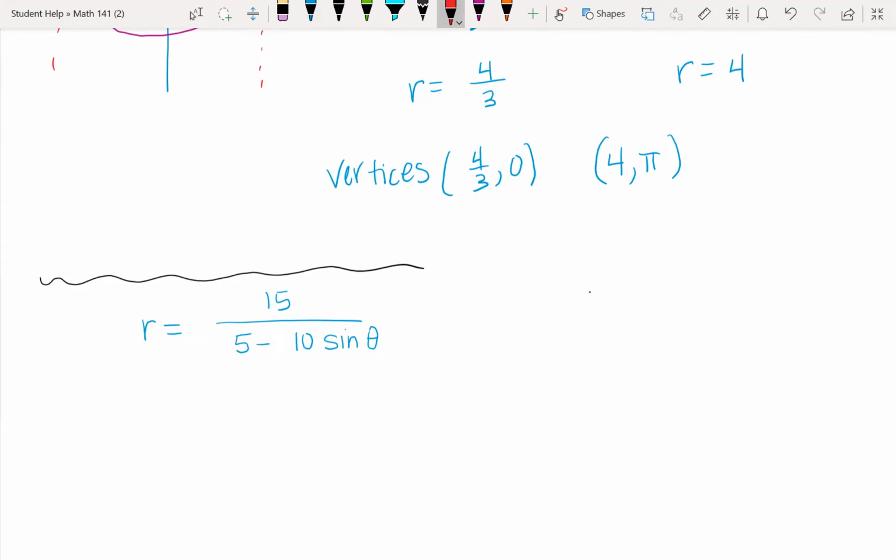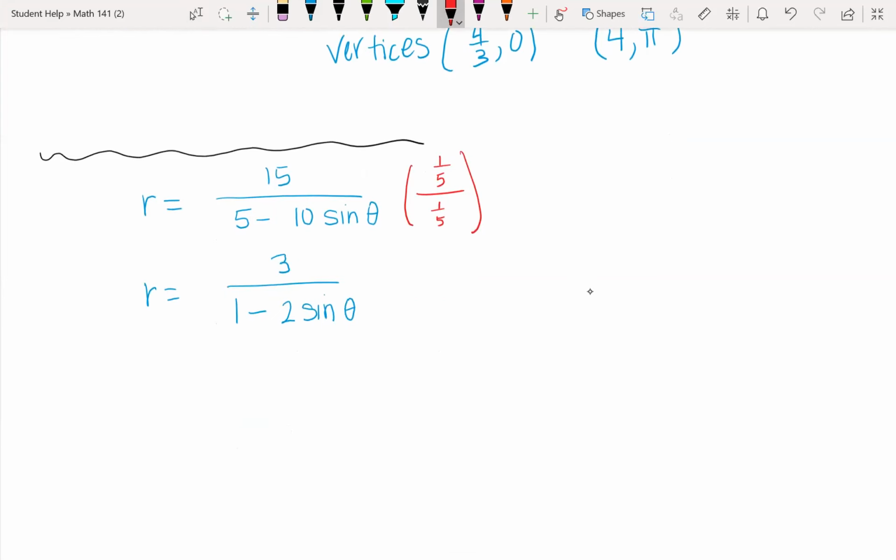So similar to what we did in the last example, we need to change that first number in the denominator to a 1. So we're going to multiply everything by 1/5 over 1/5. And so we get that r is equal to 3 over 1 minus 2 sine theta. We know then that E is equal to 2.